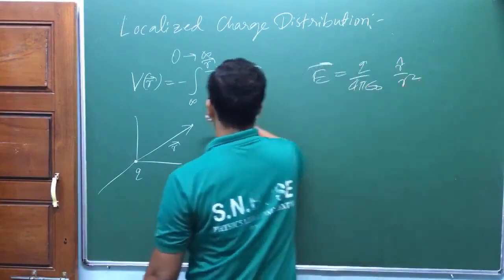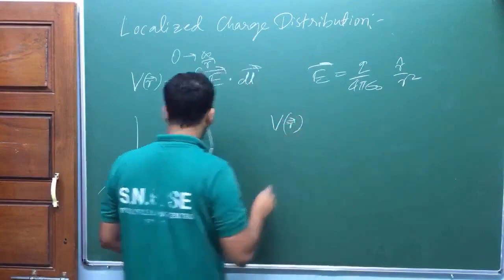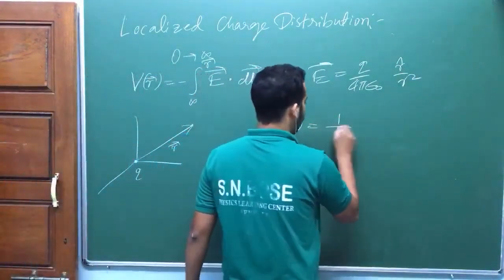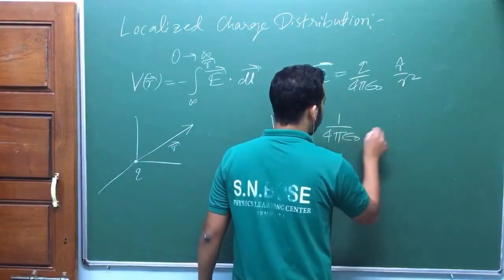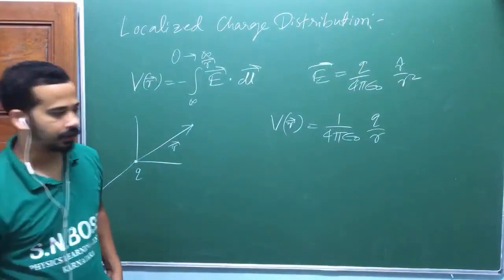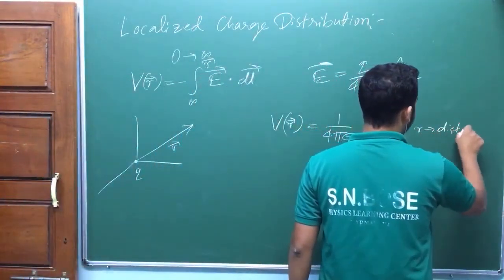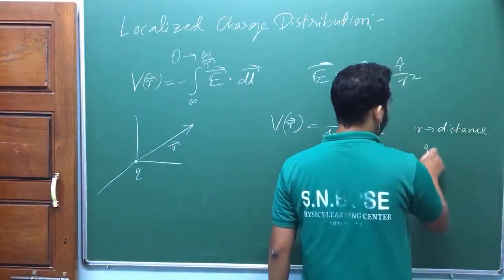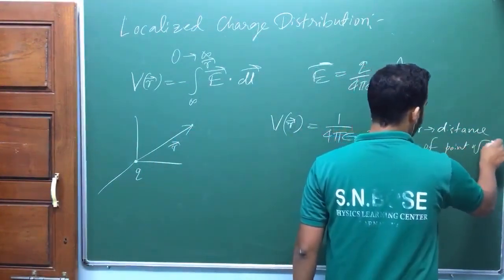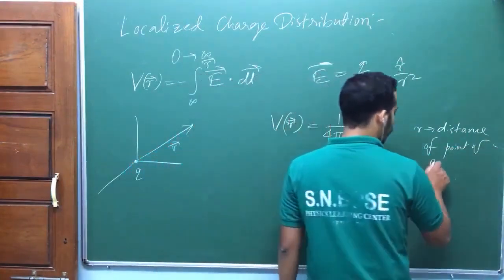If you line integrate and substitute the limits, you get the potential at R due to a charge at the origin, which is equal to 1 by 4 pi epsilon naught, Q by R. What is R? The distance of the point of interest, the point where you are finding the potential, from the charge. Am I right?